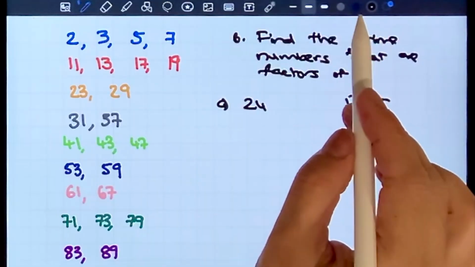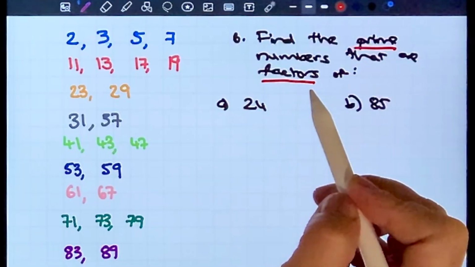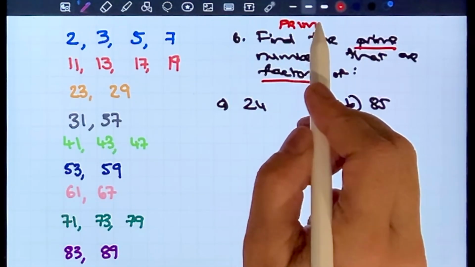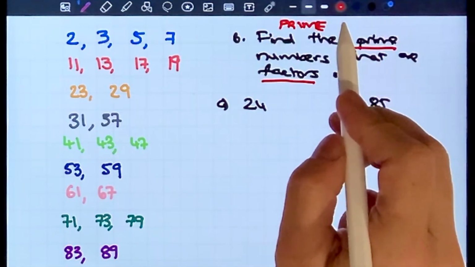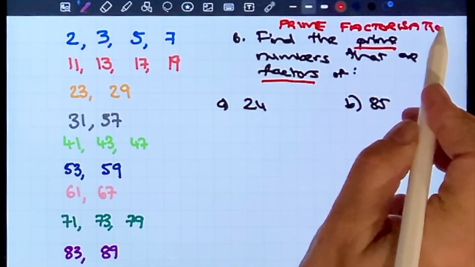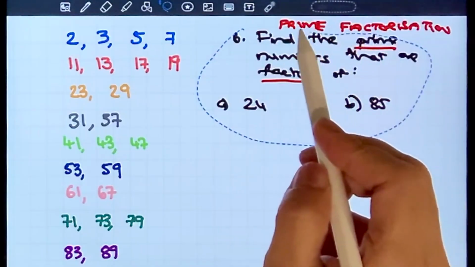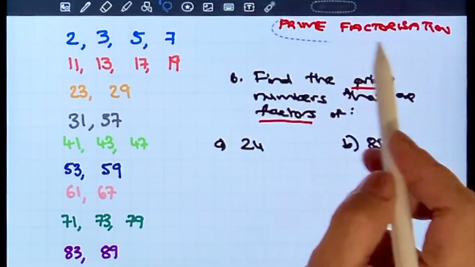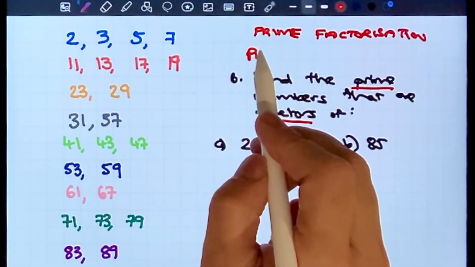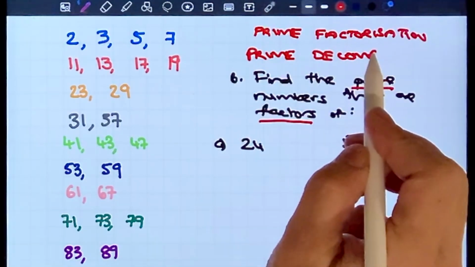Alright, so this is essentially asking us, when it's asking us to find prime factors, to do what's called prime factorization, or it's also called prime decomposition.